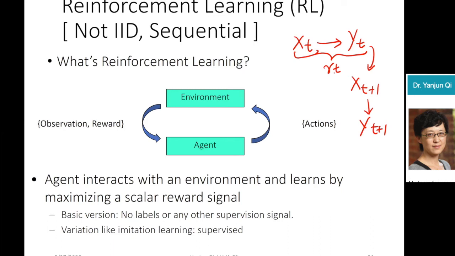So it's kind of in the middle of supervised and unsupervised learning. There's also sequential dependency among the samples. So this type of formulation makes it very interesting for decision-based agents, right? Because every agent, if you think about it, is going to interact with the world, maybe interact with the user to make decisions. So this is a very important task formulation.